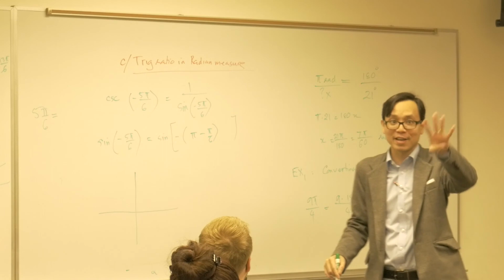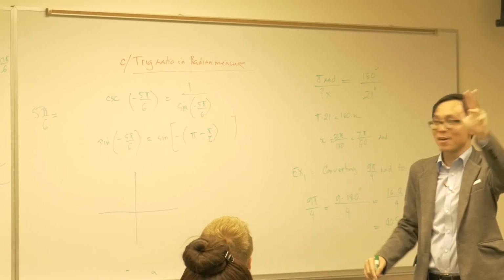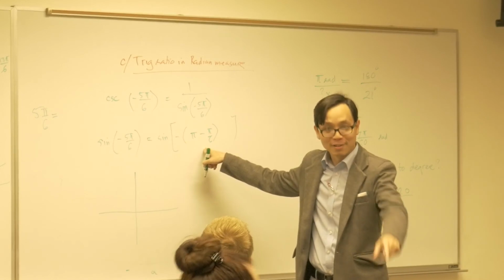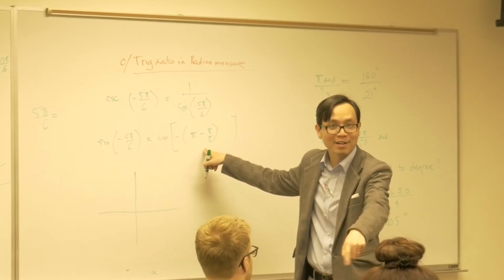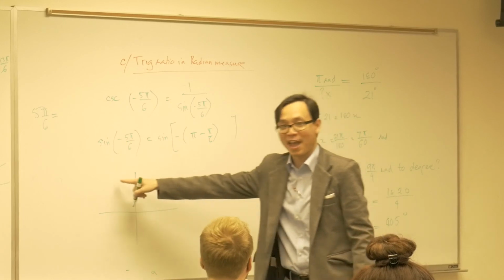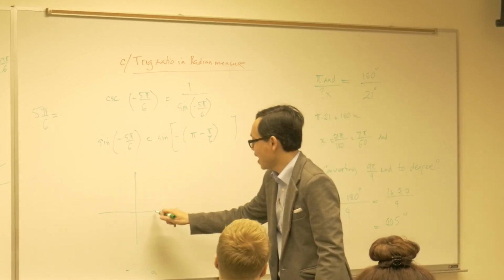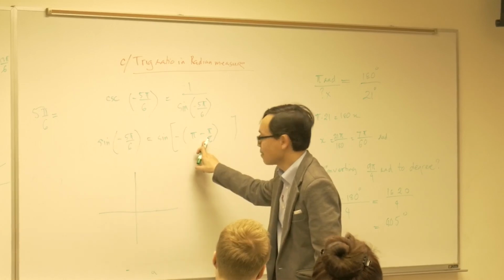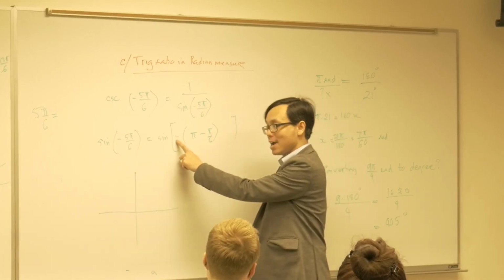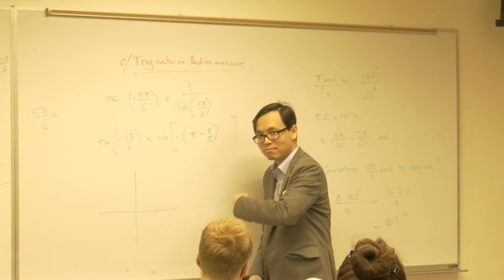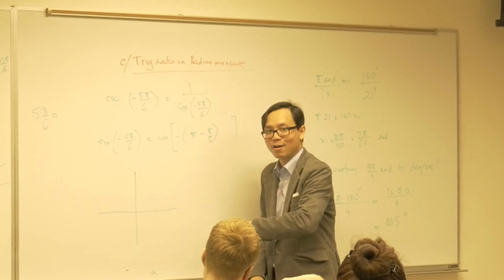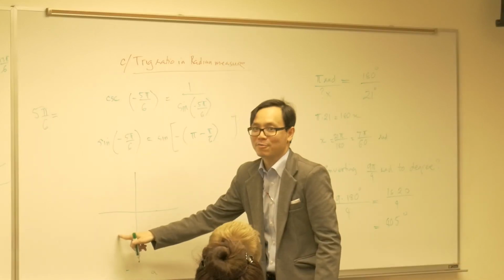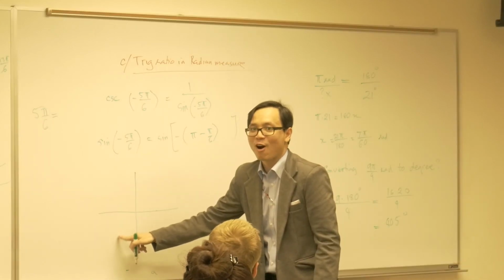If you look at the 4 cases I gave you last time, the first one, the second one, the third one, this is the second case, pi minus alpha. If you open the notes, you will see pi minus alpha. That's the second case. So I can write this as pi minus pi over 6. But be careful, this is negative, so we have to go clockwise. We don't go counterclockwise anymore. So if we go clockwise, this will be the second quadrant.